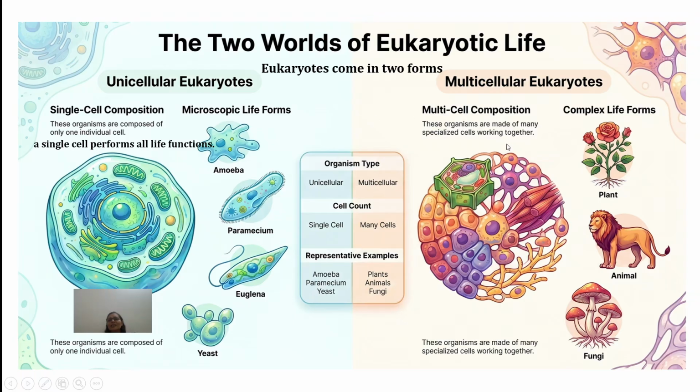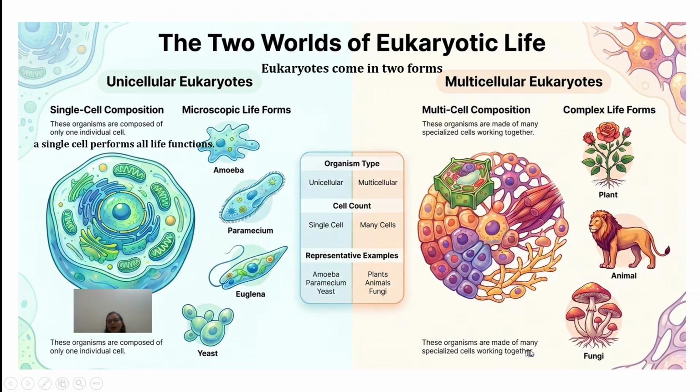While in multicellular organisms, these organisms are made up of many specialized cells working together, forming the multicellular eukaryotes. They have a complex life form, for example plant, animal, and fungi.